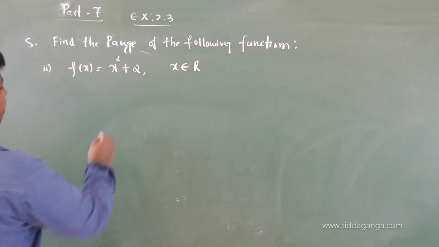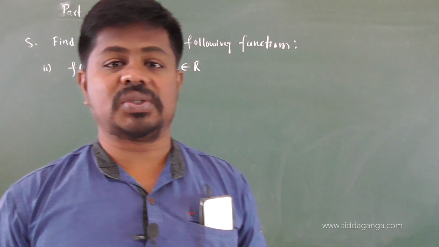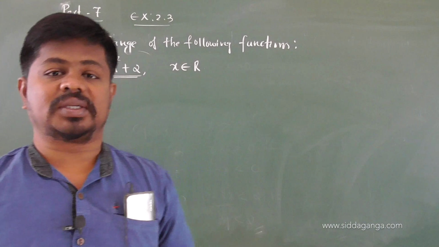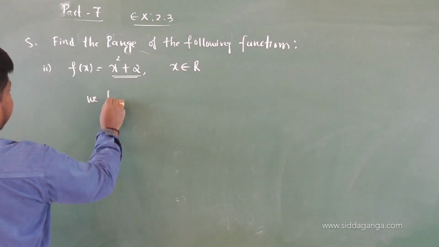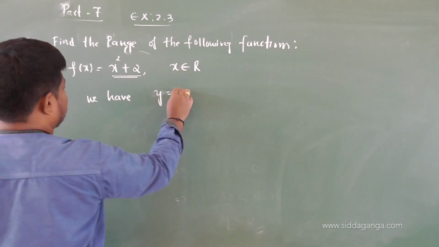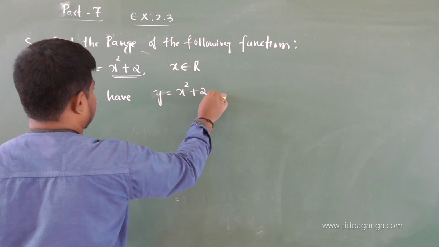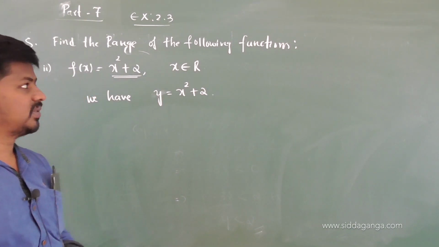Then what is the range? The values of x square plus 2 lie from what? That's the value of y. So we have y is equal to x square plus 2, right? You have to find the range values of y now.